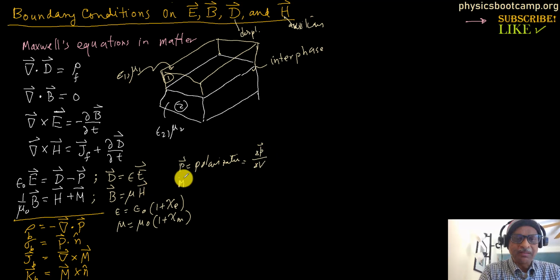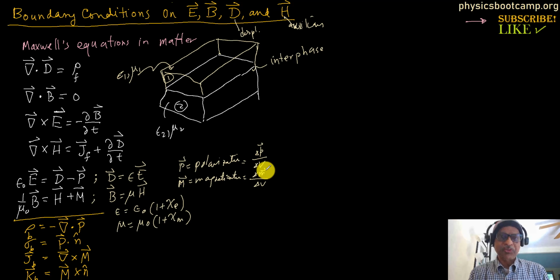And M is the magnetization, which is dipole moment over the volume. So both are density of dipole moment. This is the dipole moment for the electric charges, and this is the dipole moment for the magnets.